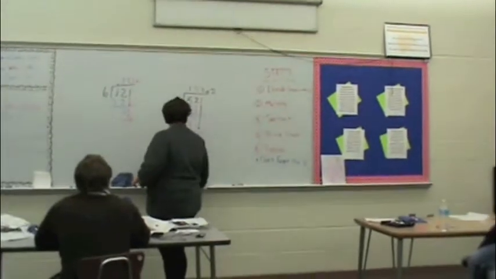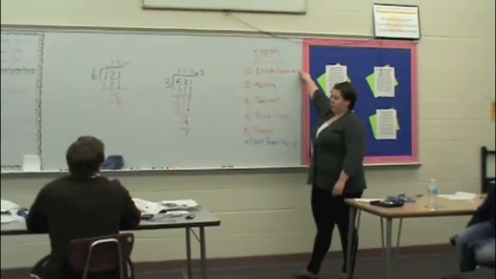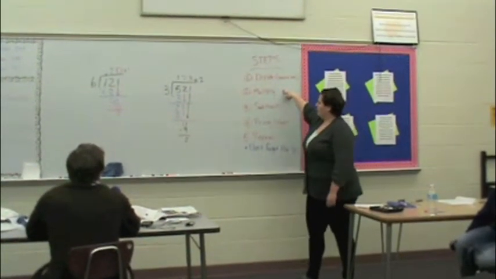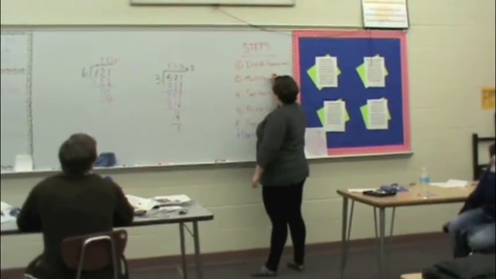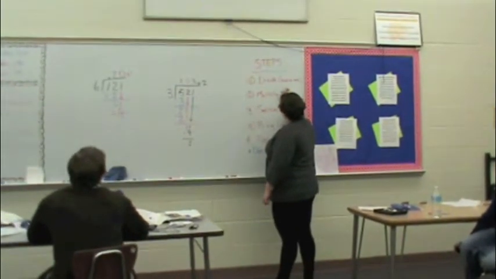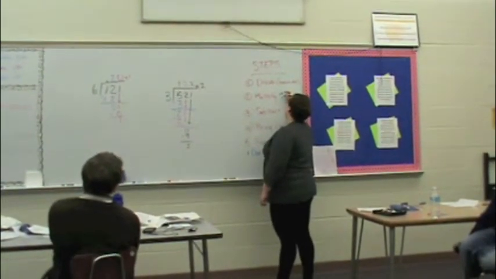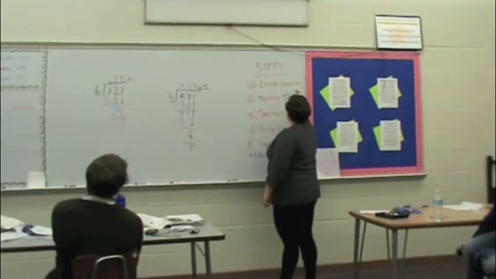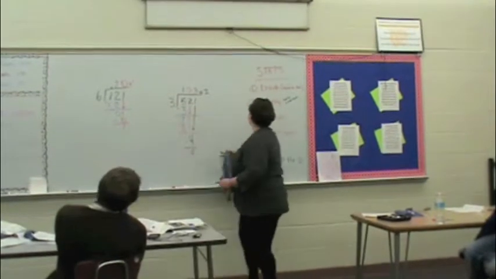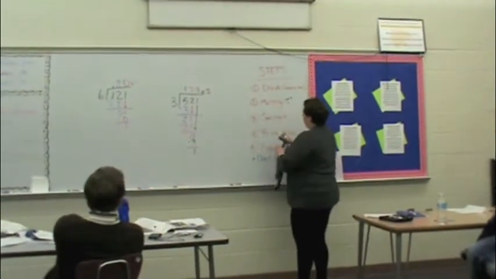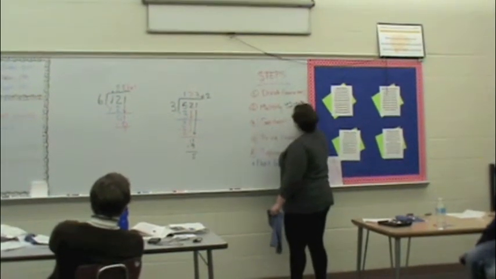It's pretty simple, actually. It's not too bad if you follow your steps. So our steps: divide, then multiply. What do I multiply? Multiply the top number and the side number. The side number and the last top number.